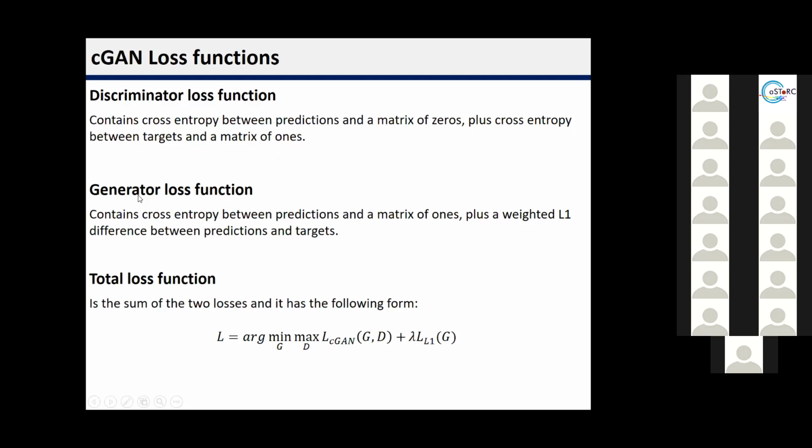And then for the generator loss, we have a cross-entropy between the predictions and the matrix of ones, plus a weighted L1 difference between the predictions and targets. And for the total loss function, we have the sum of the two losses above, which gives us this equation here.